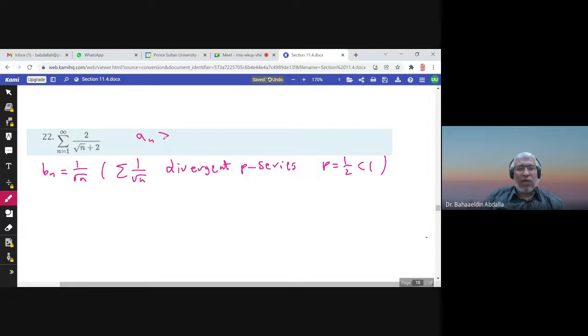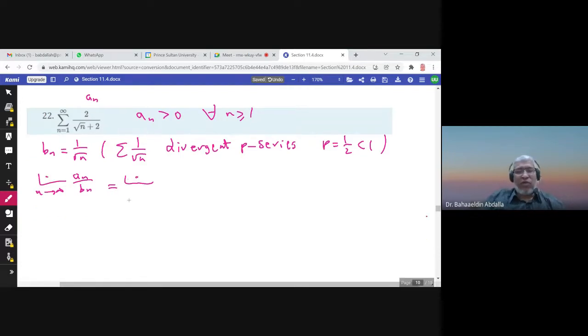Of course, an are positive for all n greater than or equal to 1. So the limit of an over bn when n approaches infinity would be the limit of 2 square root of n over square root of n, and it would be 2, greater than 0.